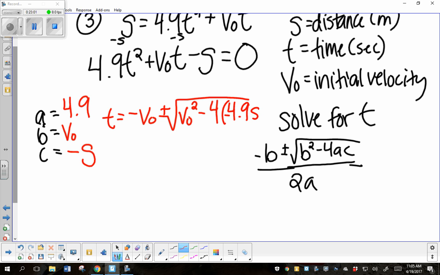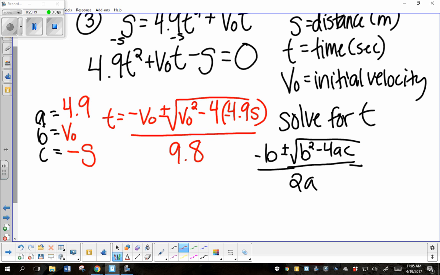Yeah, good. So we just multiplied a times c to put it right in there, all over 2a. What's 4.9 doubled? 9.8.